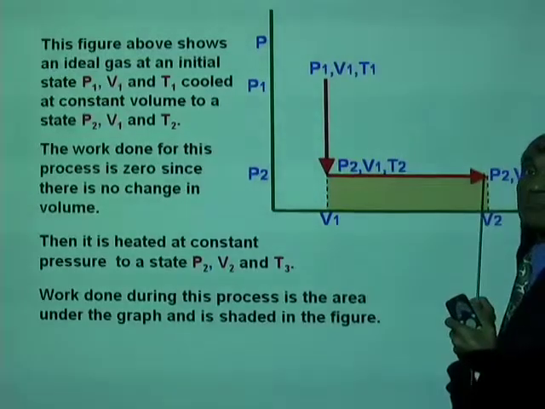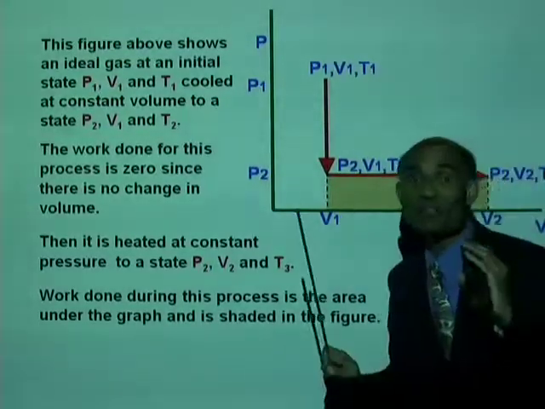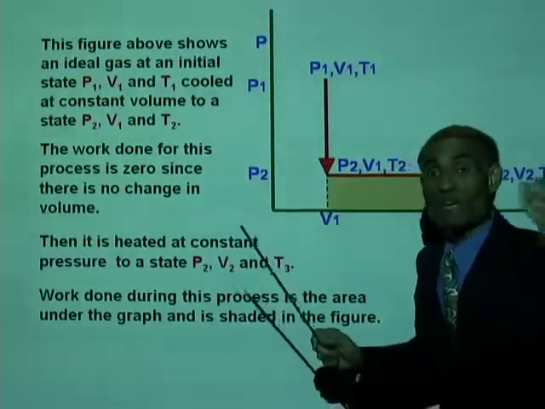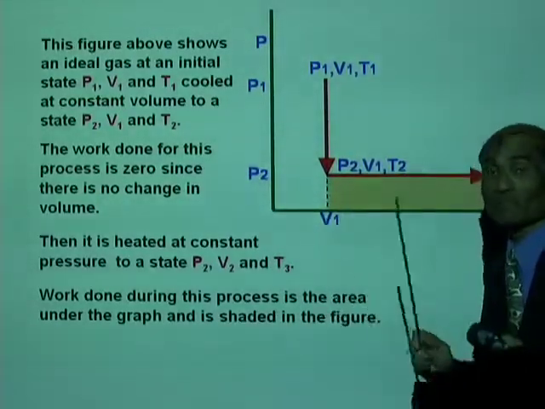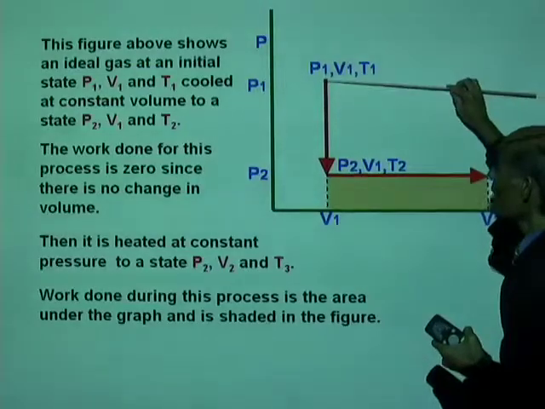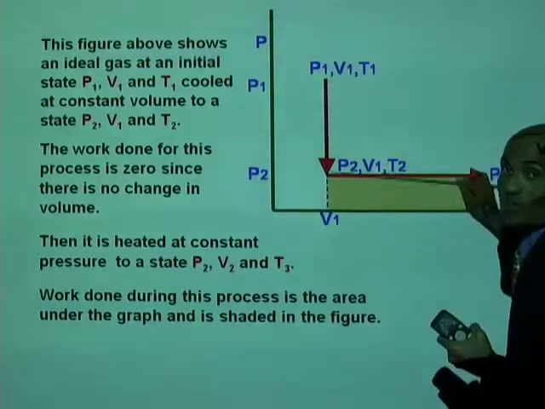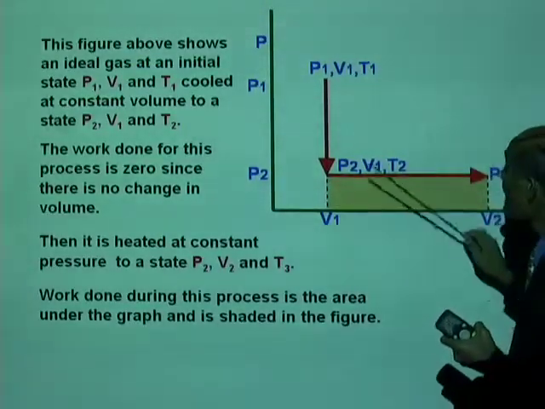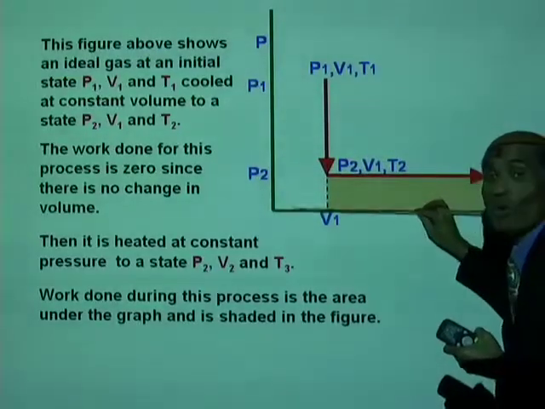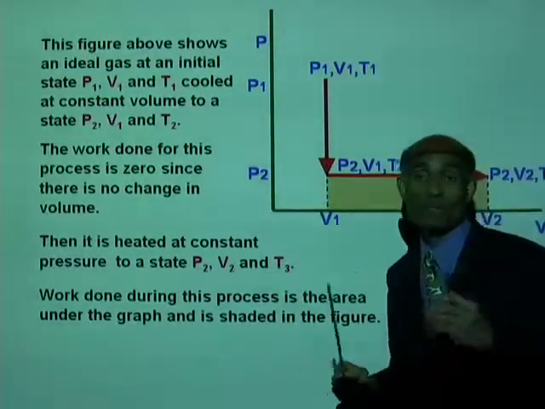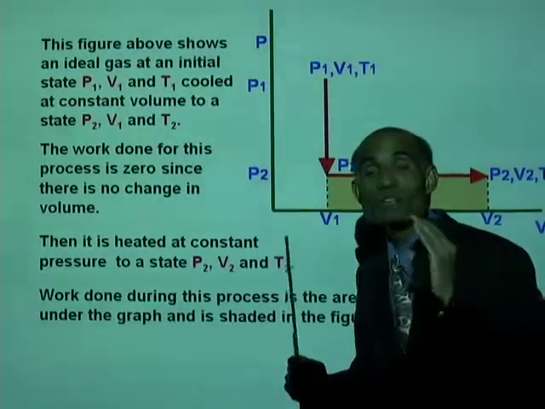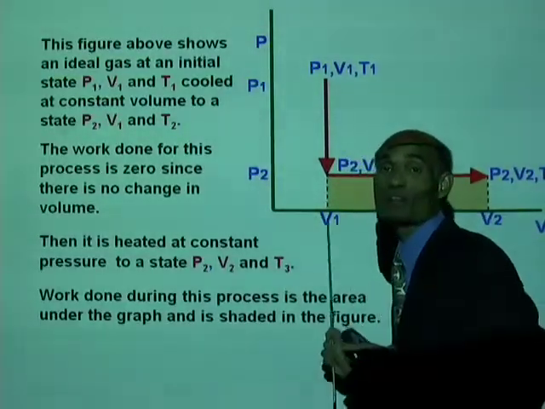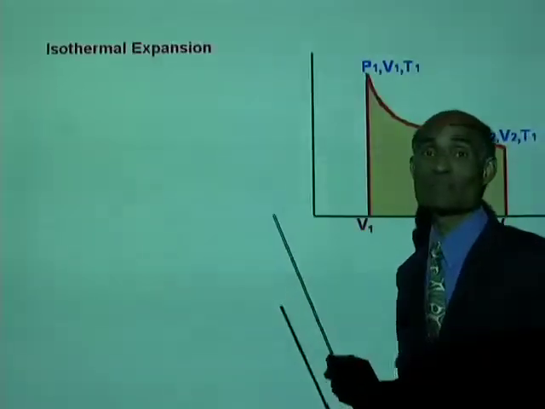It reached the same final state. The final state in the previous case and in this case are the same. But in the previous case, the work done was a large quantity, while in this case the work done is a very small quantity. So the path taken in a PV diagram is very important as far as the work done is concerned.